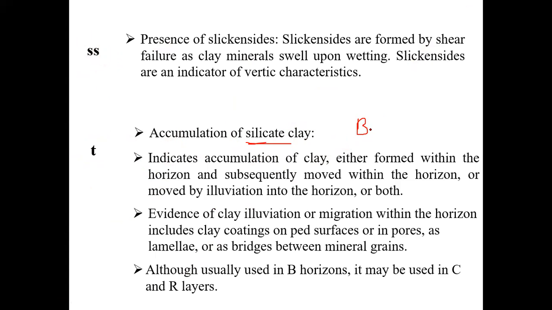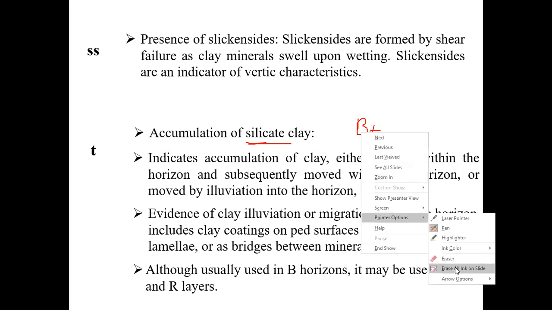How should we give the notation in the records? We should give BT. BT means accumulation in the master horizon B. Remember this, students, in the exam they may ask like this, showing some confusion. So be careful about these notations.